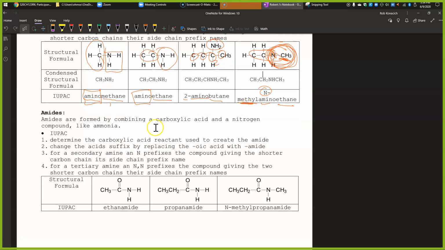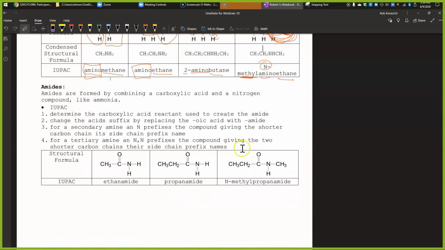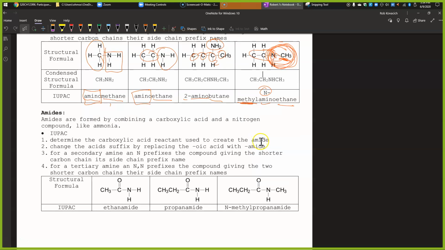Okay, so the amines and the amides look very similar because they both have nitrogens on them, but the interesting quality of the amides is when the nitrogen is attached to a carbon, and that carbon is this carbonyl group carbon, these things become depressants.